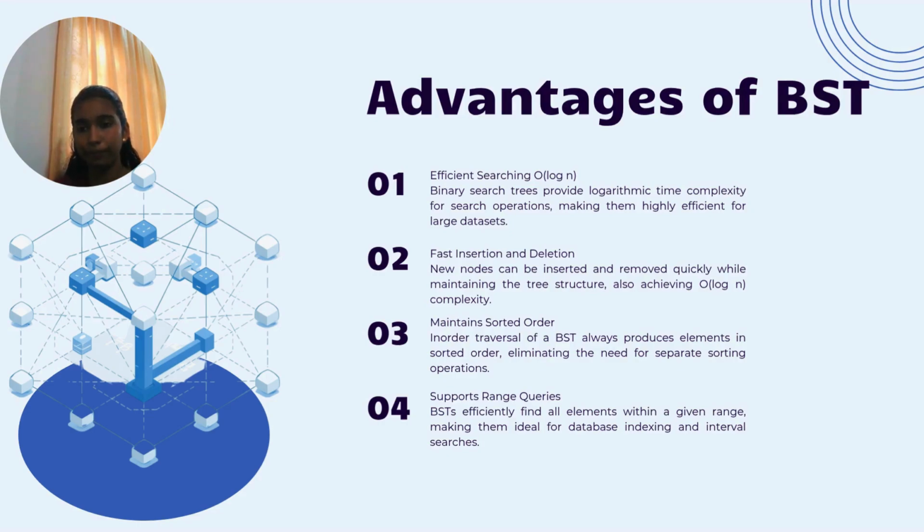In-order traversal of a BST always produces sorted output. Another advantage is support for range queries. This makes BSTs useful in databases and indexing systems. Overall, BSTs are powerful because they combine flexibility with efficiency.